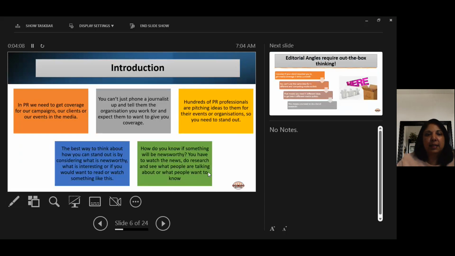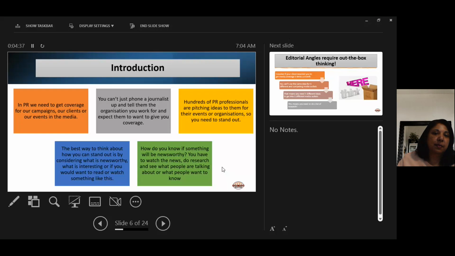In many instances, in the real world, you have people who pick up the phone, phone the journalist, and tell them, I want the story published. It does not work like that. Or you will find, this is the lazy way of doing it, where you find the journalist's or the editor's email address, and you just send them an email and you expect them to publish.